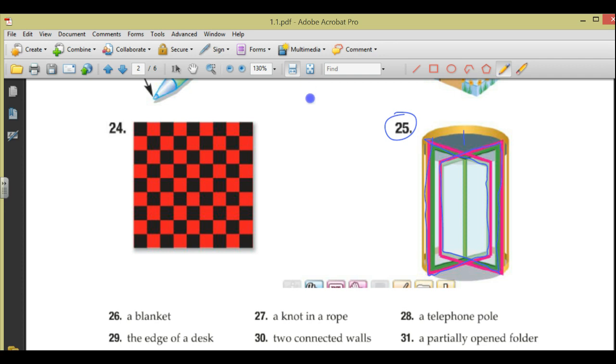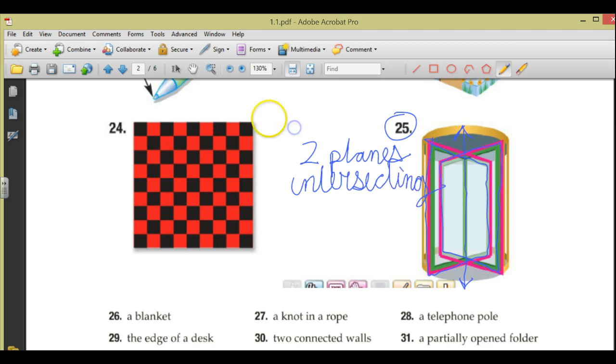And those 2 planes are intersecting at this line. So 2 planes intersecting along a line.